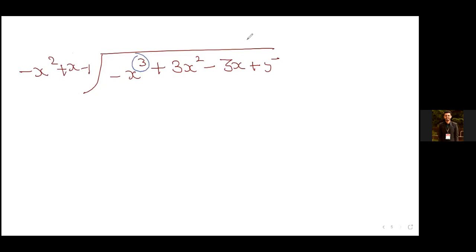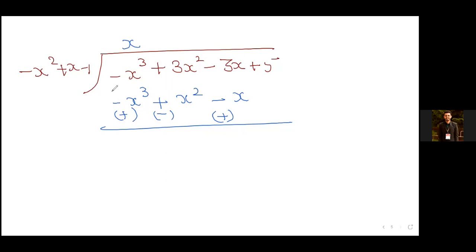We need to get the x cube here, so we multiply this with x, we get minus x cube plus x square, then multiply to this, we get minus x, and change the signs. This gets cancelled. This will be 2x square plus 2x square and minus 2x, and take this term below 5.